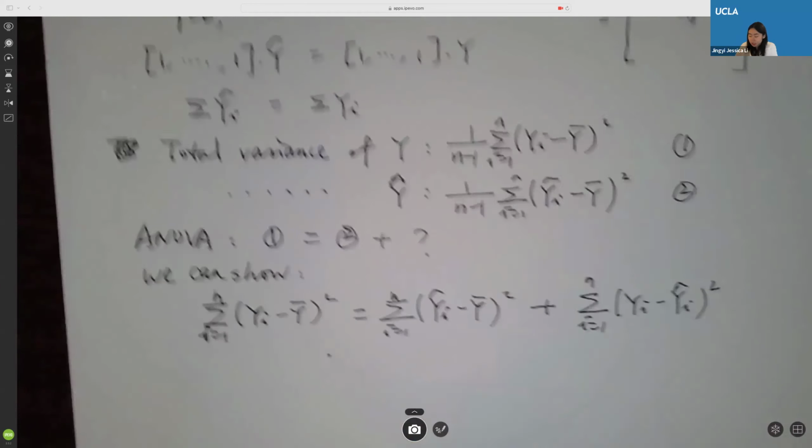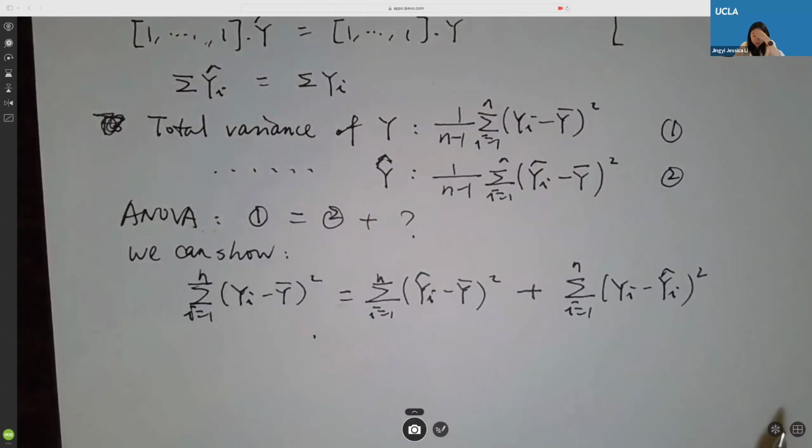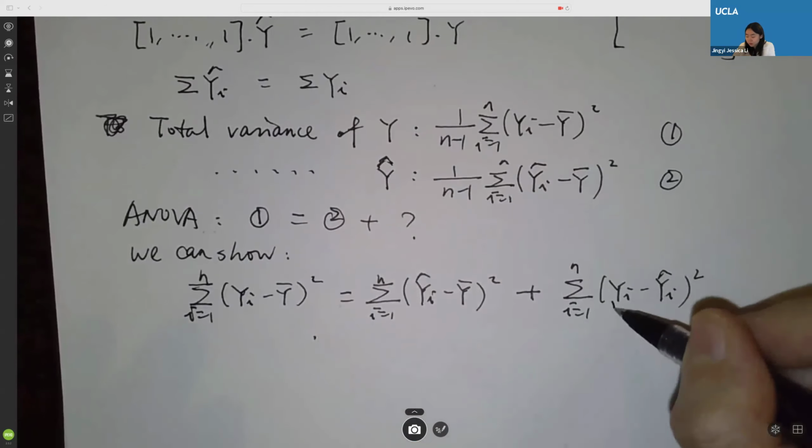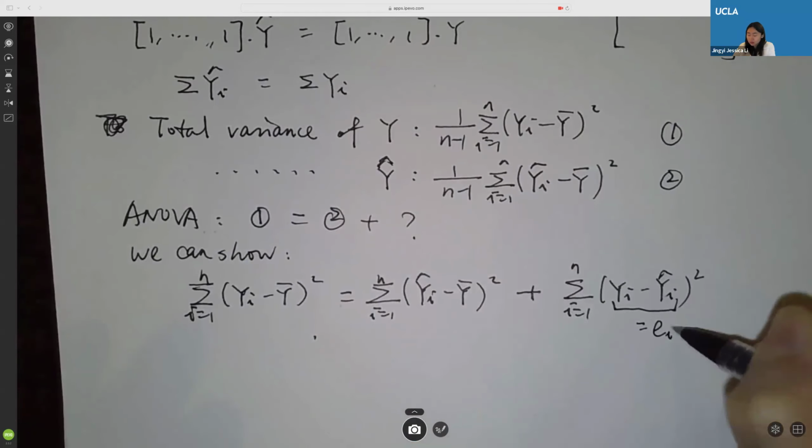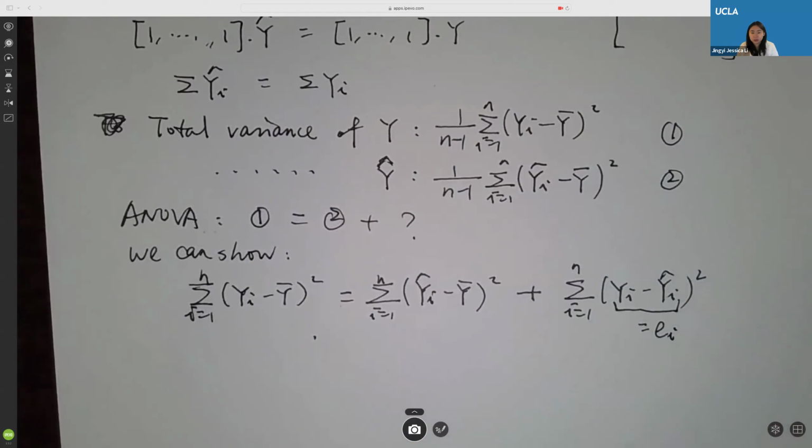In other words, this third term is just the sum of residual squares, because we remember that we call each one ei, the residual.